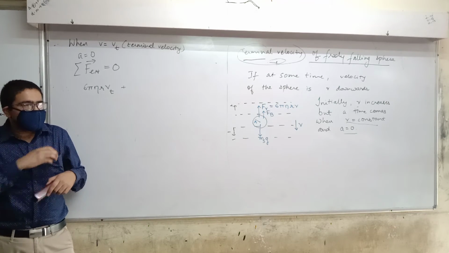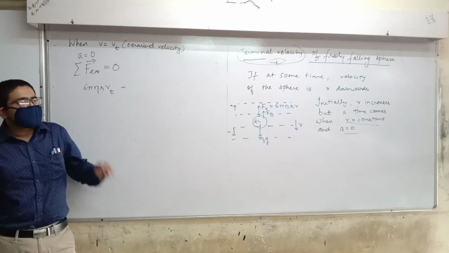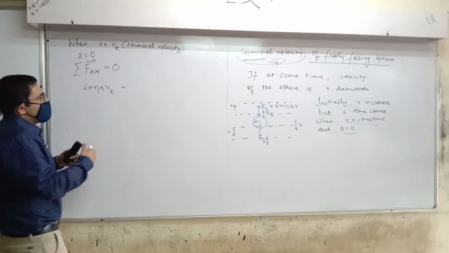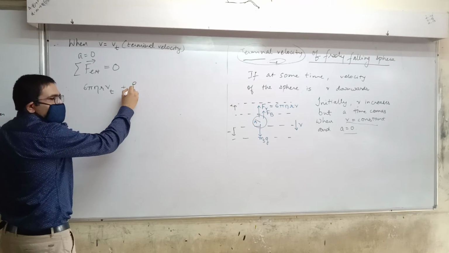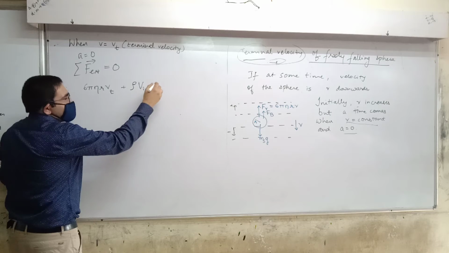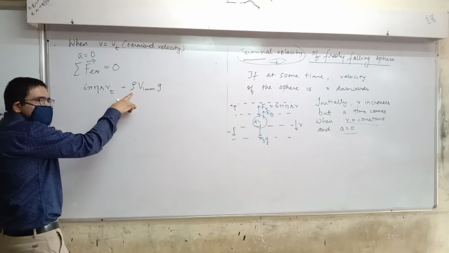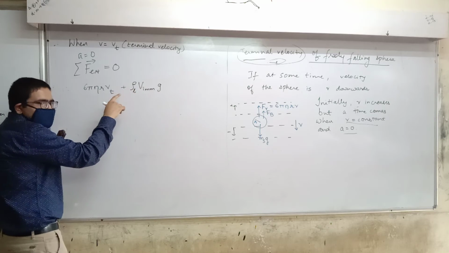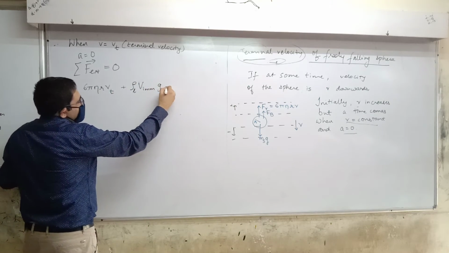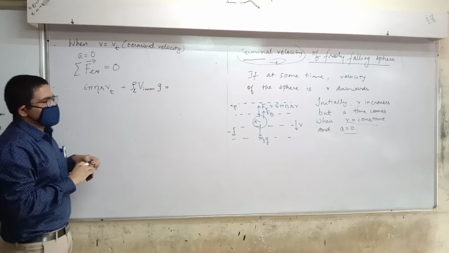Put your hands up. Rho. Take it. Rho. Volume immersed. Okay, whose density is this? Fluid. So let's write L. Okay. Volume immersed into g. Sit down. We're done. So that is it.